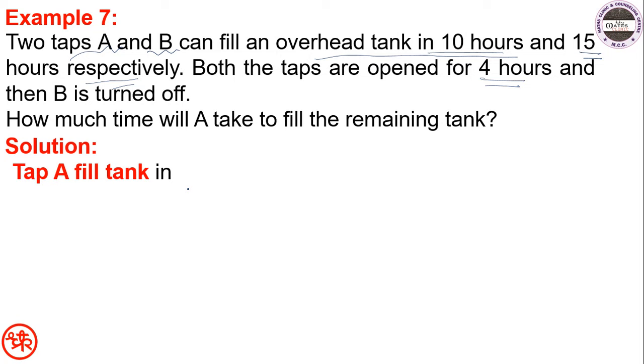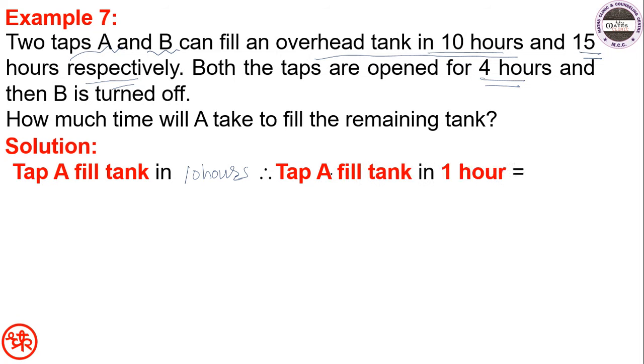Tap A fills a tank in 10 hours. Okay, therefore, from 10 hours, tap A fills in 1 hour 1 by 10th part. Okay, tap B fills the tank in how many hours? 15 hours.